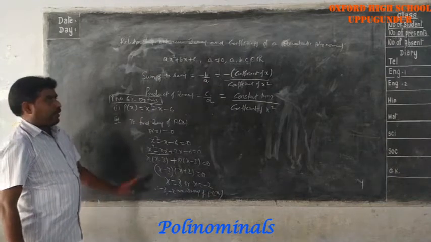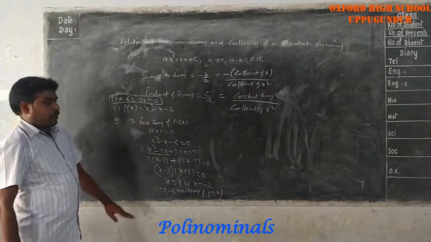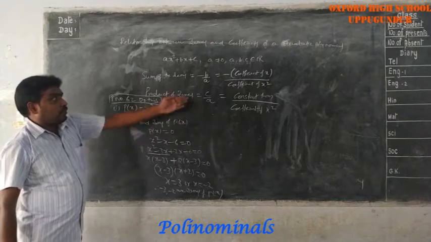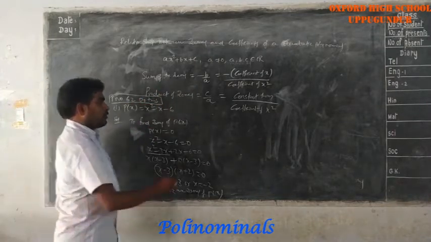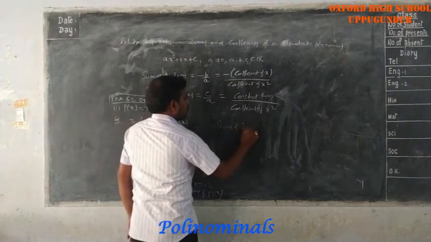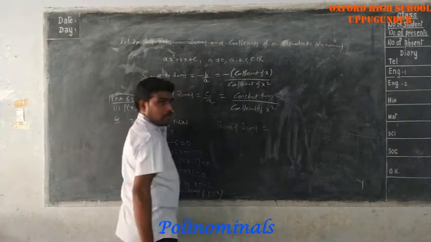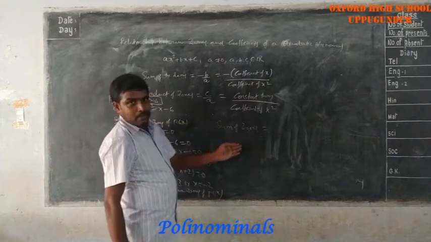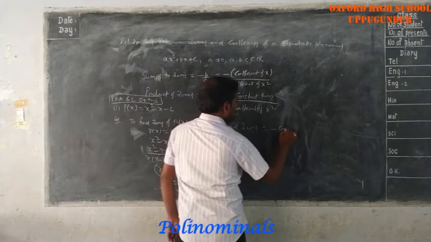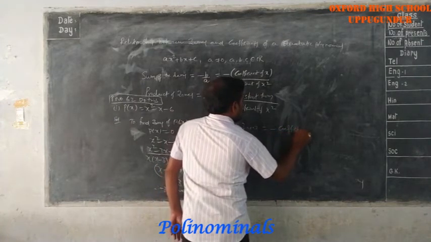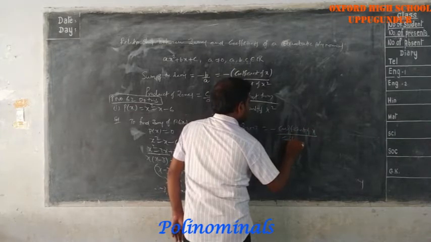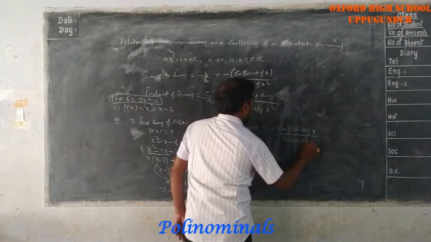Here we are finding the zeros. After that, we have to find the sum of zeros and product of zeros and verify the relationship with these coefficients. So sum of zeros equals minus b by a, or in words, minus coefficient of x by coefficient of x square.